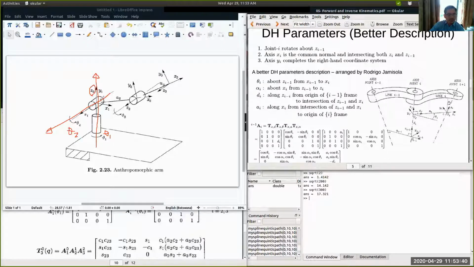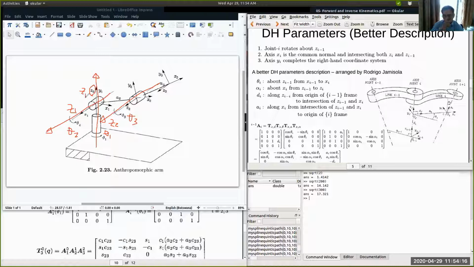And where is joint 3? Joint 3 is again rotating about the z2 axis, so this is joint 3. The positive direction will be in that direction. That is your z3, and this is your theta 3. Let me label it to confirm that you have identified it. So we have identified the directions of all the z-axes.